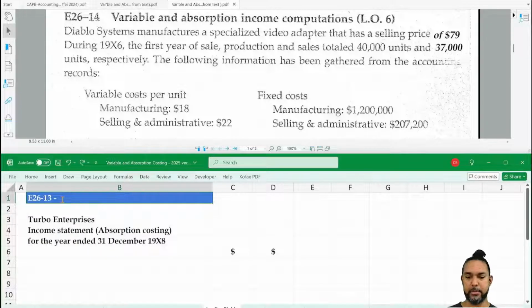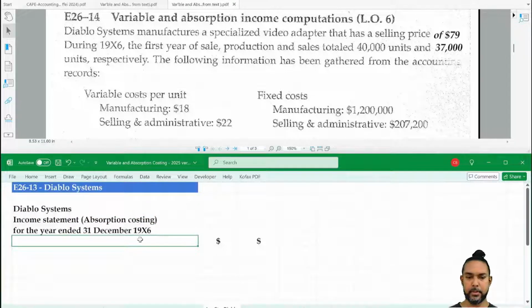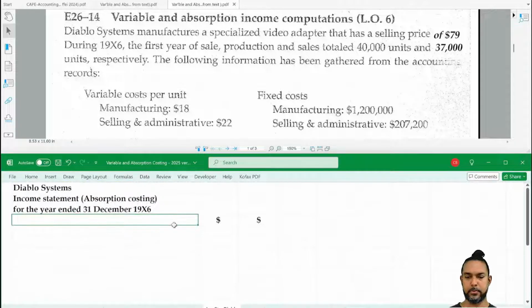So let's do Diablo Systems. It goes to 19x6. I'm gonna do one of these shorter ways.